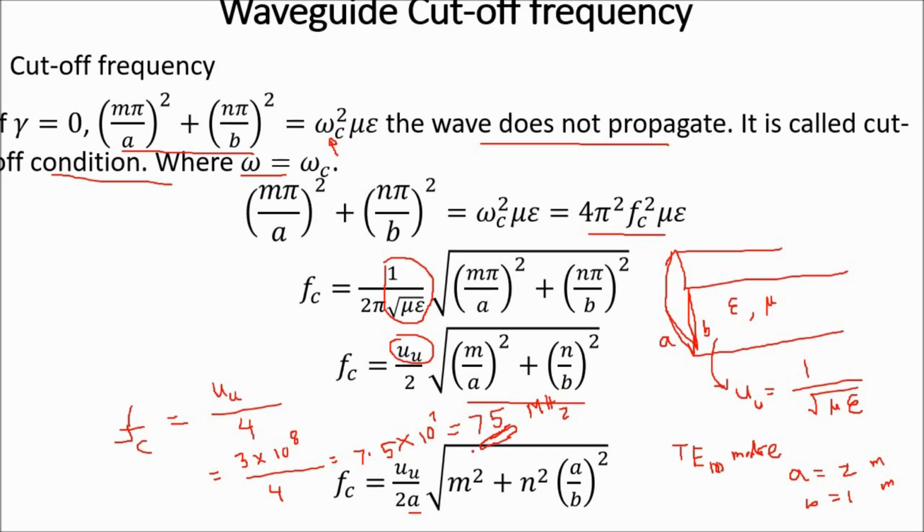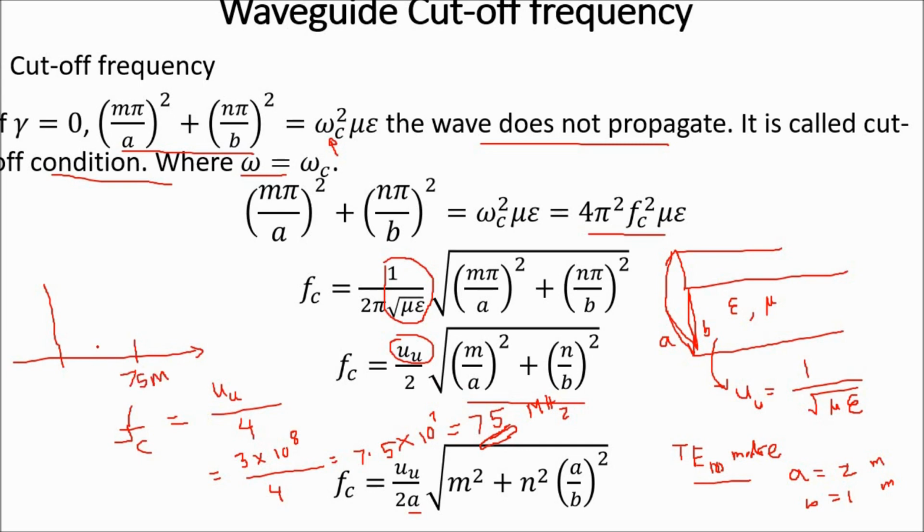But if the operating frequency is higher than 75 megahertz, that can be carried by the waveguide in TE10 mode. So let's say for TE10 mode, your cutoff frequency is 75 megahertz.